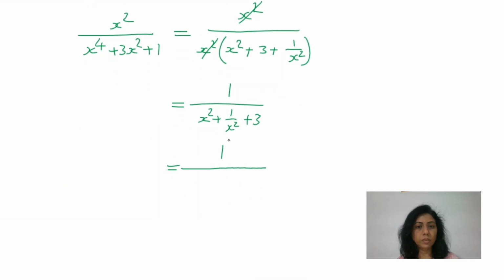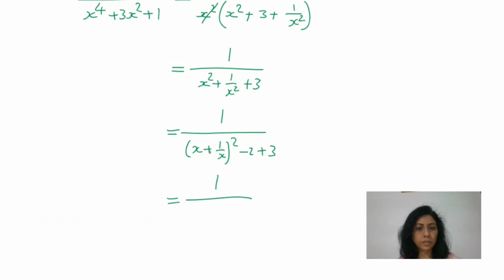So when we write this in a perfect square, this is (x + 1/x)² − 2. This part we can write like this, and this is plus 3.